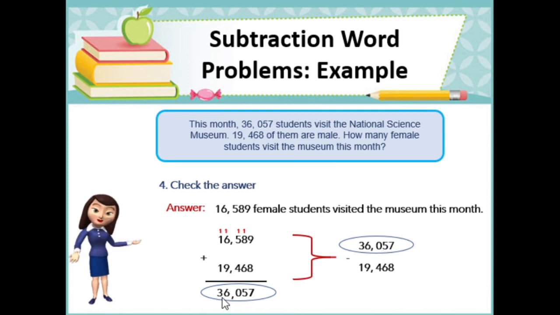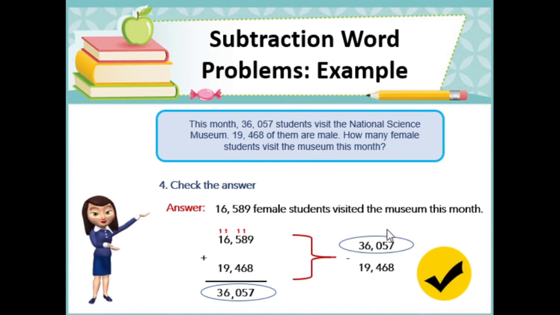So 36,057 as the sum, 36,057 are still the same. So, it's correct, or your answer is correct. Okay? So that is our discussion on relationship of addition and subtraction and a quick overview of solving subtraction word problems.